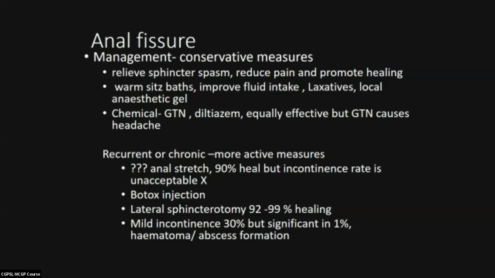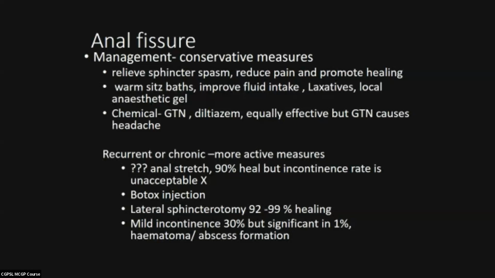Another option is Botox injection, where you can inject Botox into the four quadrants and that way paralyze the internal anal sphincter. It is an effective form of treatment, but of course the fissure can recur.